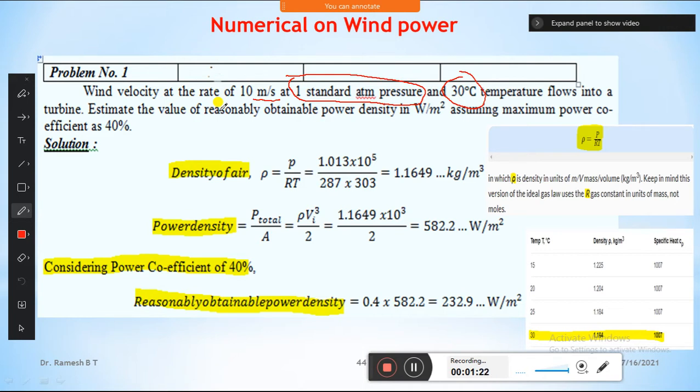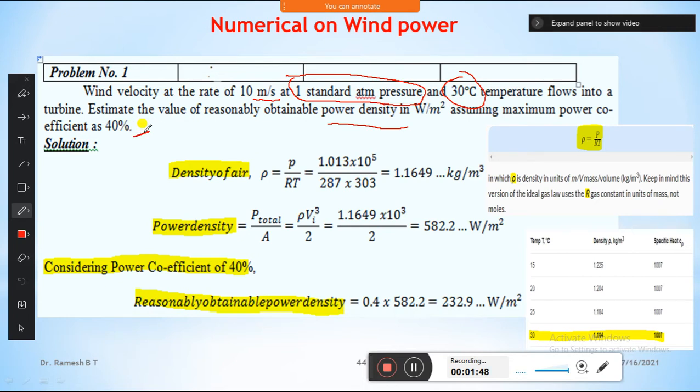Estimate the value of reasonably obtainable power, meaning based on this data, how much power is obtained, and the power density in watt per meter square, assuming a maximum power coefficient of 40, meaning the maximum efficiency of that turbine is 40%, that you have to consider. So this is the data given.